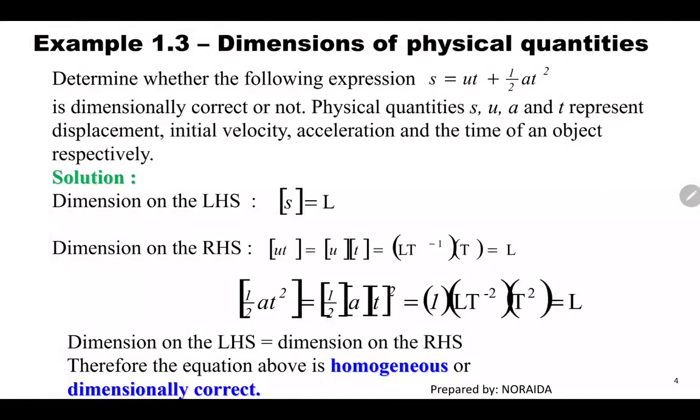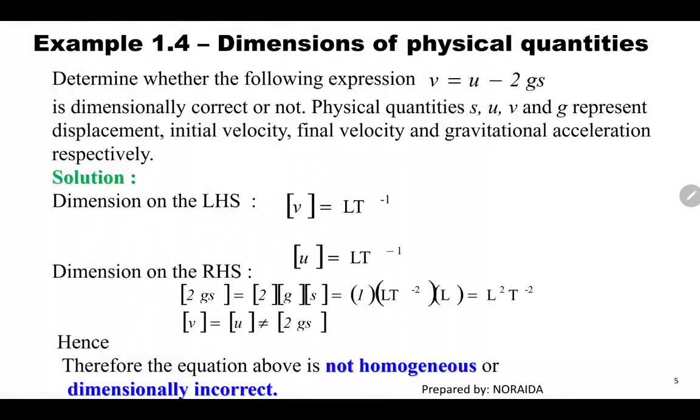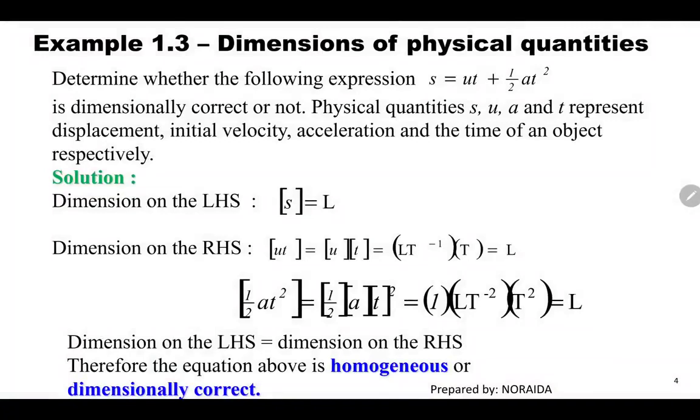Next, for example 1.3, determine whether the following expression S is equal to UT plus half AT squared is dimensionally correct or not. Physical quantities S, U, A, and T represent displacement, initial velocity, acceleration, and the time of an object, respectively.